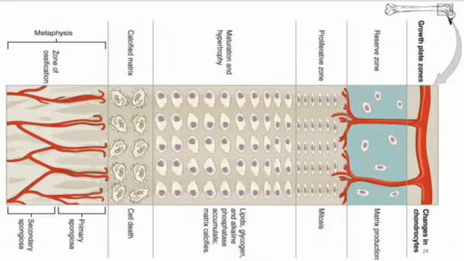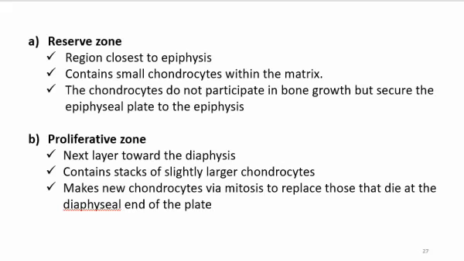So allow me to discuss each of those zones and see what happens, particularly to bone cells in each of those zones. The first one is the reserve zone. The reserve zone is the uppermost part of the growth region. Remember, the growth region, the epiphyseal plate, is found towards the tip of the metaphysis, neighboring the epiphysis.